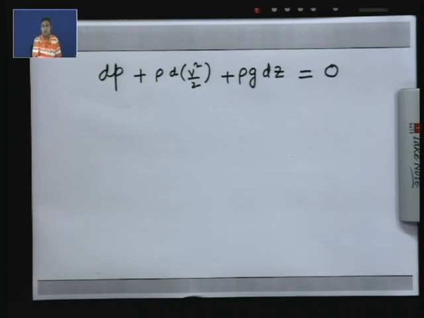Can you tell what are the assumptions under which this equation is valid? So, first and foremost, the mother of all the assumptions for Euler equation and its derivatives or its variants is inviscid flow.